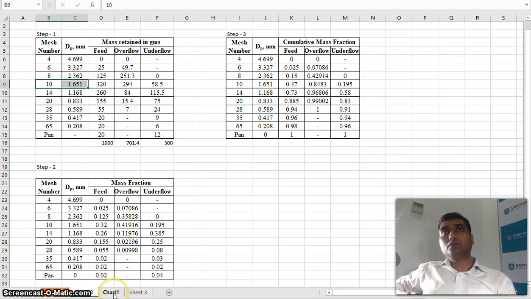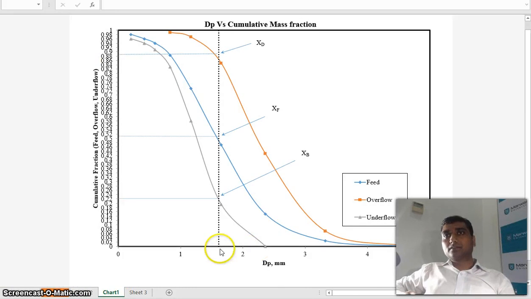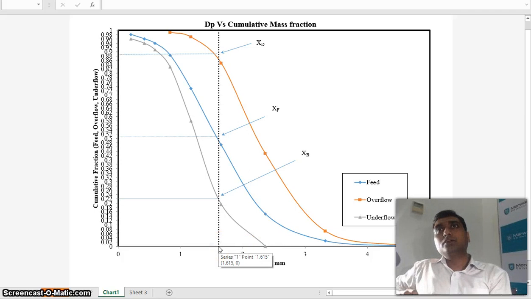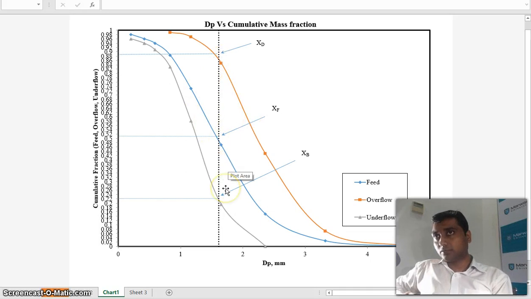So what you have to do for 1.651, this is your 1.651, right? You have to draw a straight vertical line which cuts these curves of, let's say, feed, overflow and underflow respectively.